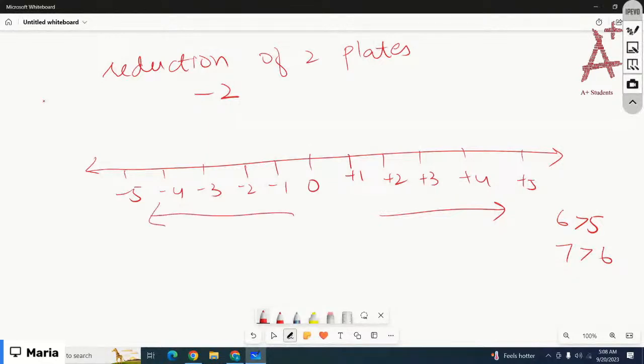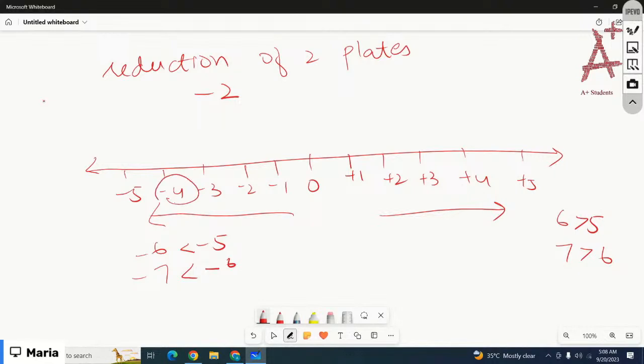On the left hand side, the numbers are getting smaller and smaller as you are moving far from 0. Right after negative 5, you have negative 6, and negative 6 is less than the previous number, negative 5. Negative 7 is less than negative 6. As you're moving far from 0, the numbers are getting smaller and smaller.